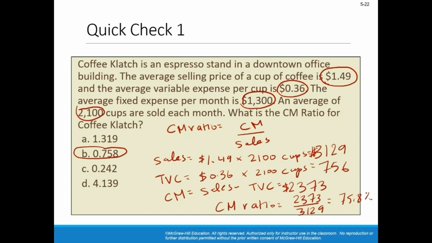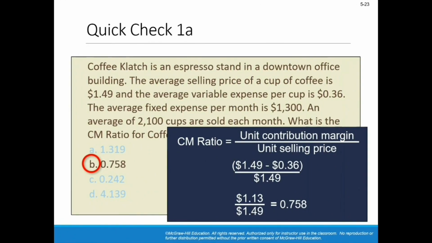So for each additional dollar I sell, my net operating income will increase by 75.8 cents. Okay. So this is the number that we calculated, and I showed you how to calculate that.